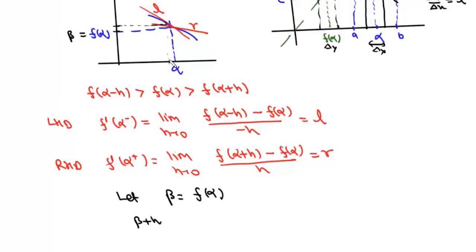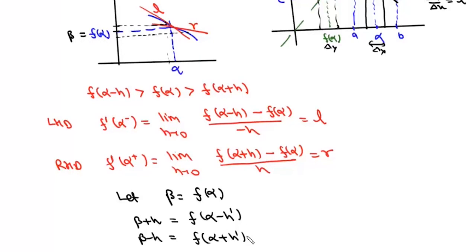That means we are moving towards the left-hand side of alpha. So that means this is equal to f(alpha minus h dash), and if we are decreasing the value of beta, then beta minus h, we are moving towards the right of alpha. So then it will be f(alpha plus some small value h dash).